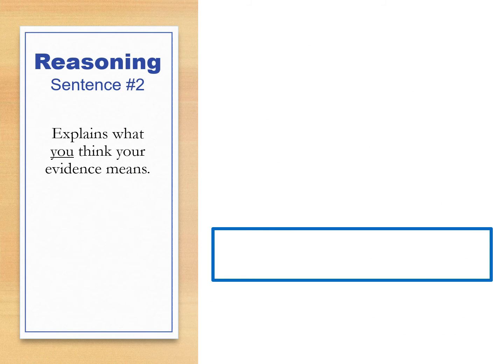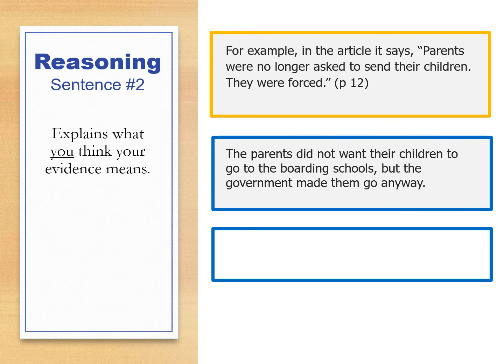Now in this sentence, you're going to explain what you think your evidence means. So I think we better put those last 2 sentences up here so we'll know what we're talking about. Okay, there we go. So we had an evidence sentence where I just took it right from the text.